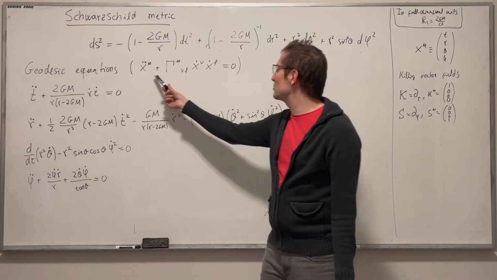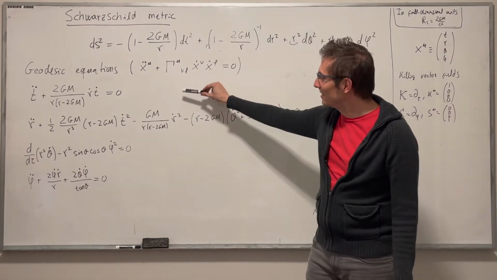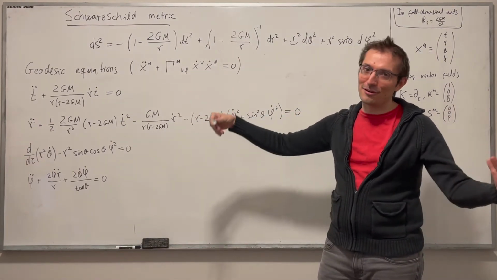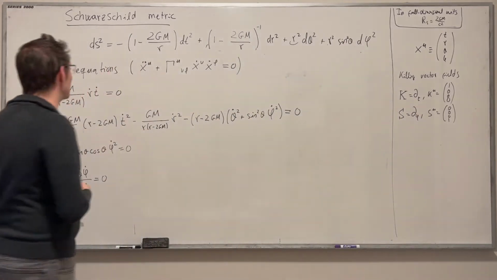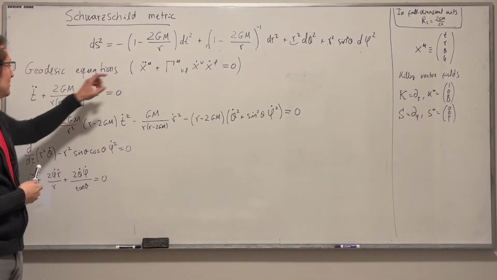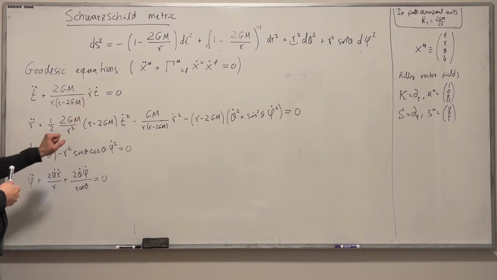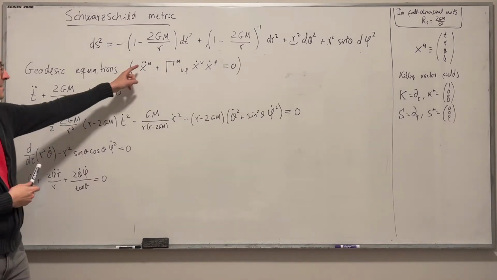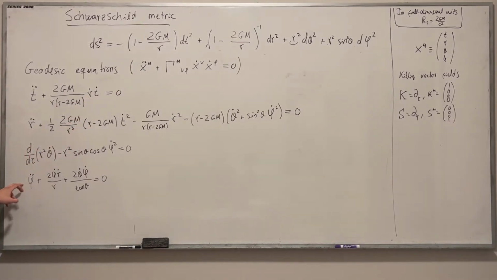Basically, geodesic equations, as we saw, have this form, and you can tell that these equations that I give you have the form of geodesic equations: the second derivative of t, that's with mu equals t, and then crossing derivatives here, first derivatives. Then this is the one with mu equals r, this is the one with mu equals theta, and this is the one with mu equals phi. You get the second derivative of theta, of phi, of r, of t.